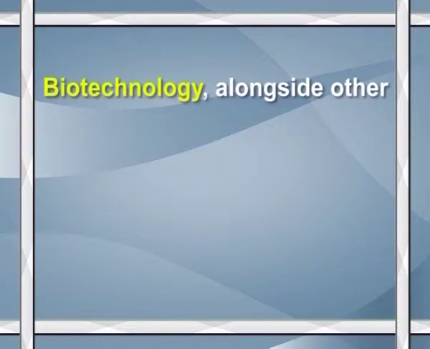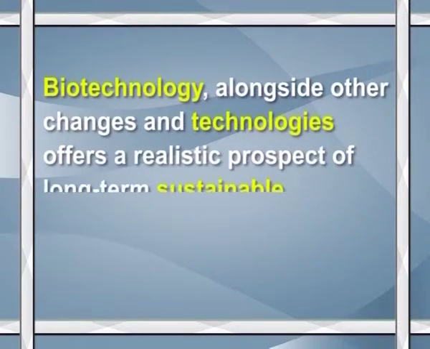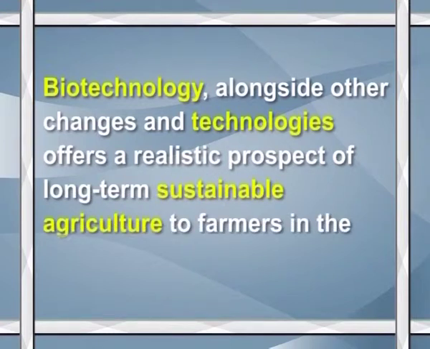Biotechnology, alongside other changes and technologies, offers a realistic prospect of a long-term sustainable agriculture to farmers in the third world. At least this is the finding of several recent independent investigations into the topic.